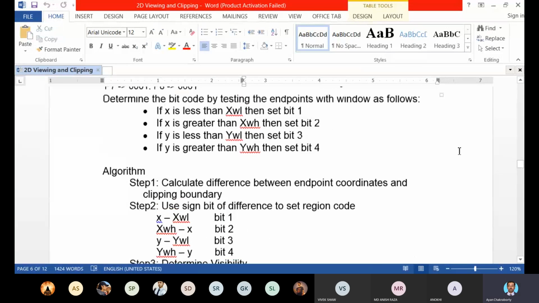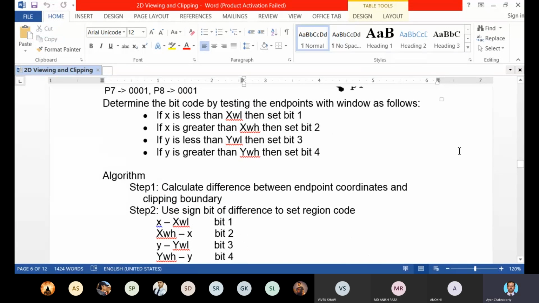How can we find out the first bit, second bit, third bit, and fourth bit, what will be the value of these 4 bits, 0 or 1? That logic has been represented mathematically by these conditions.